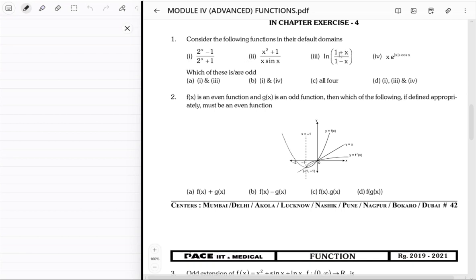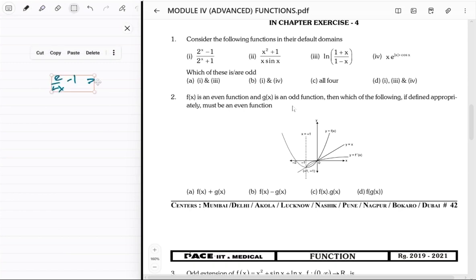Okay, let's look at log of 1 plus x upon 1 minus x. x equal to 1 is clearly not possible. Otherwise, this can be written as 2 plus x minus 1 upon 1 minus x, which is 2 upon 1 minus x minus 1. This is inside a natural log, which means it must be positive.